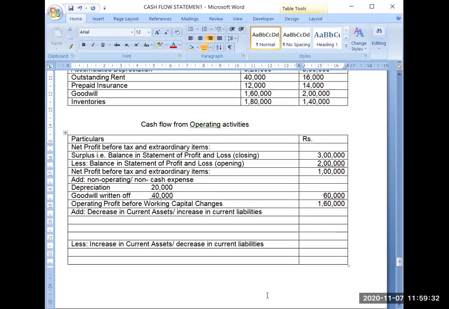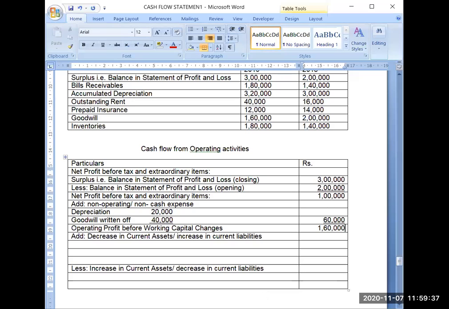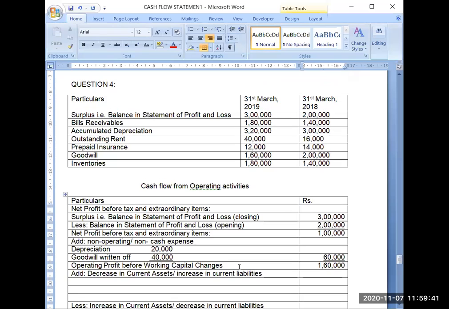Now I have to adjust decrease in current assets and increase in current liabilities. These are to be added. And any increase in current assets and decrease in current liabilities has to be subtracted. Now I will see the current assets and current liabilities. So first of my current assets is bills receivable. If you are feeling any confusion, any problem, please inform me in the chat box.